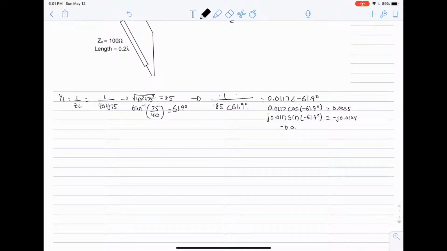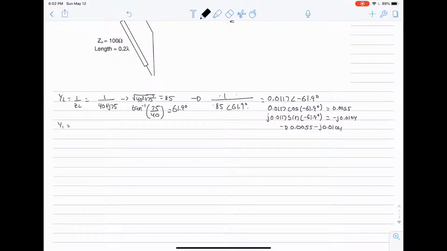So 0.0055 minus J 0.0104. And for the admittance of our resistor, we'll call that Y1, I'll just add them together to make it easier.